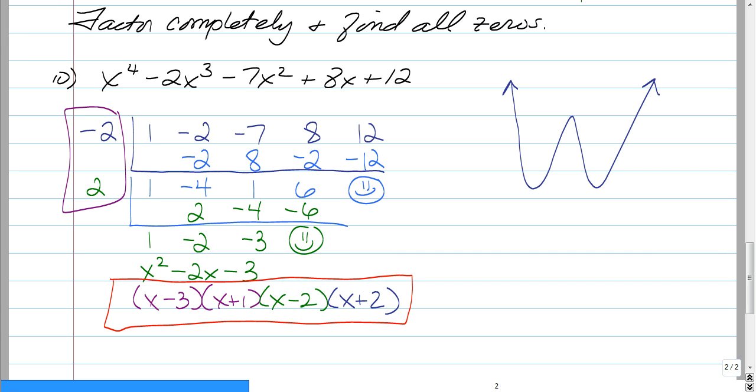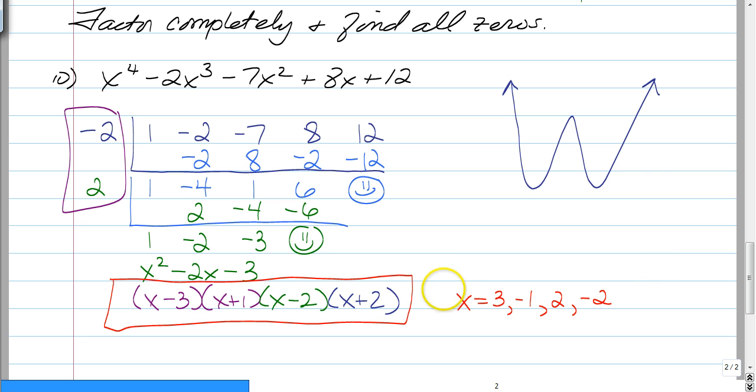And now to find all the zeros, all you have to do is set each one of these terms equal to 0 and solve. So you would have your x minus 3 equals 0, so x would equal 3. X plus 1 equals 0, so x is equal to -1. X minus 2 equals 0, so x equals 2. And the last one would be x equals a -2.